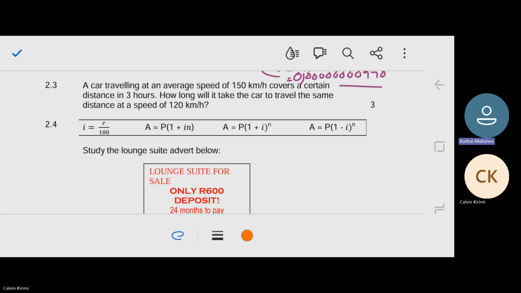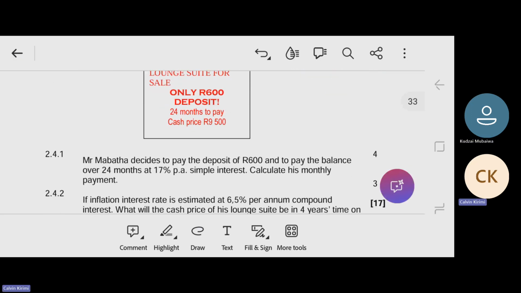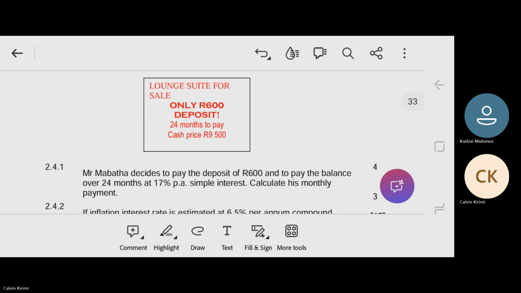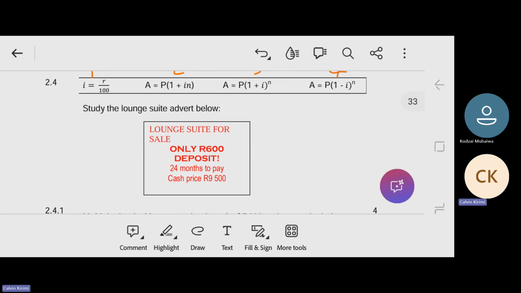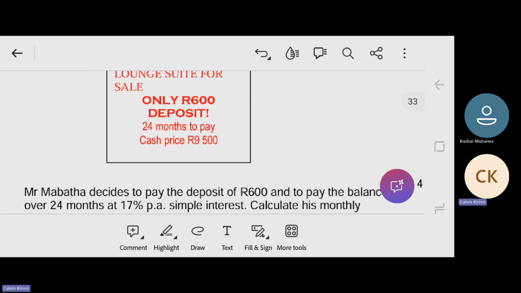Isn't it interest is equal to principal times rate times time? Which one are we going to use? Number 1, number 2, number 3, number 4? Number 2, yes. So we are going to use A is equal to principal times rate times time.